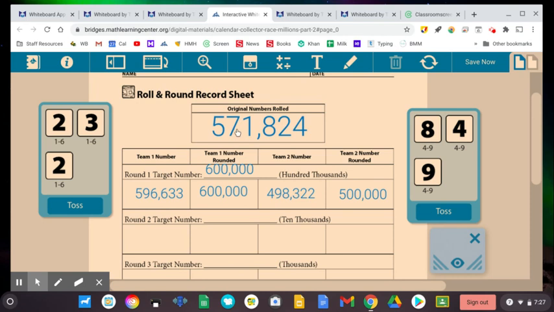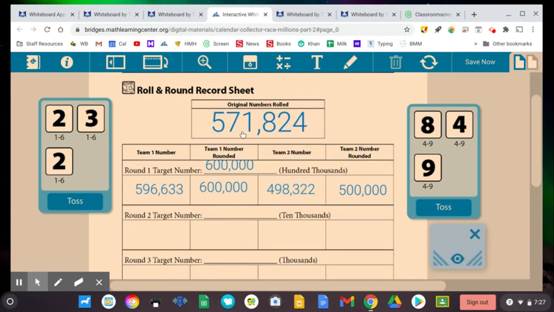The 7 is in our 10,000s place. So when we round that, we need to look to the number to the right, and that is a 1. Please notice all these zeros in here. Once we round one of the digits, everything to the right turns into a 0. I wouldn't just put a 0 where the 1 is and leave the 824. All of that turns into a 0.